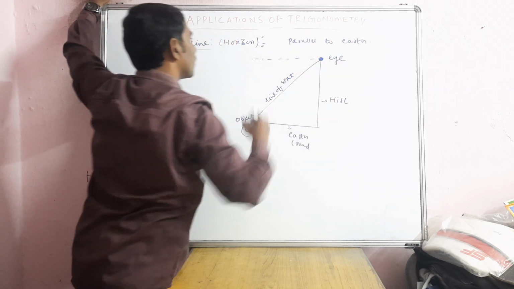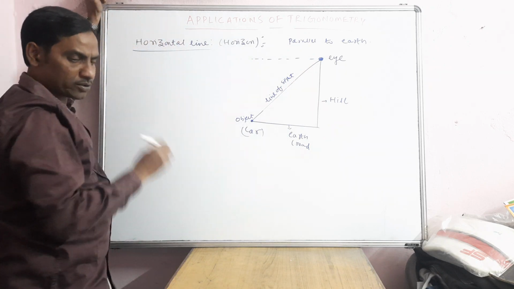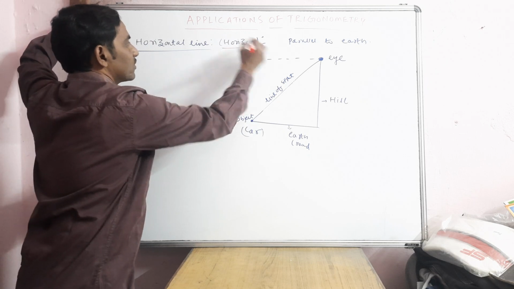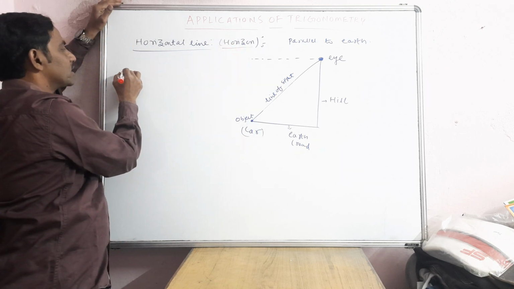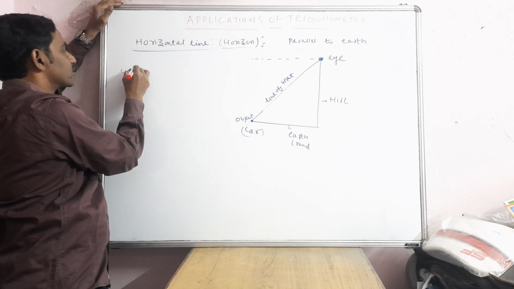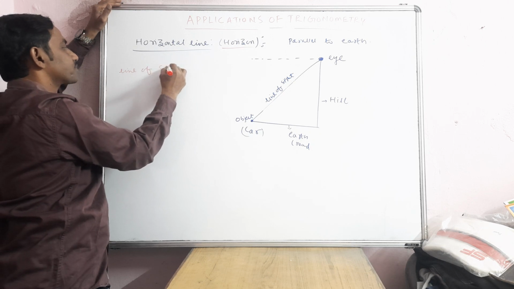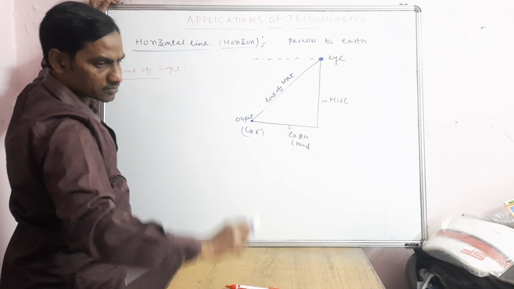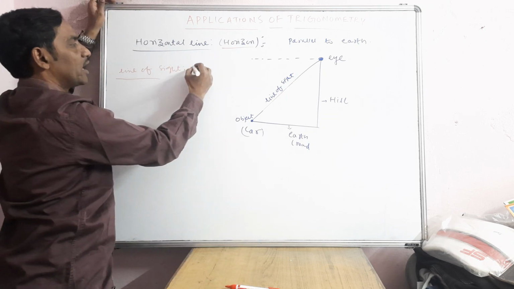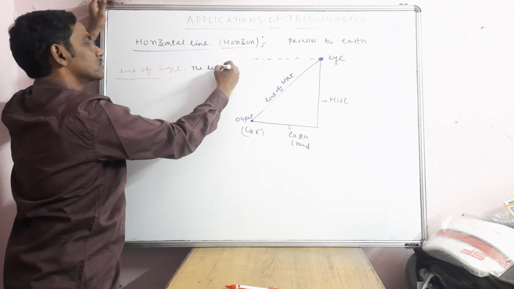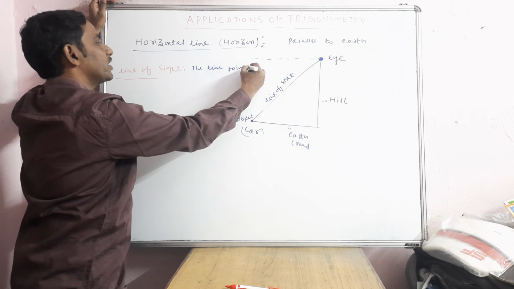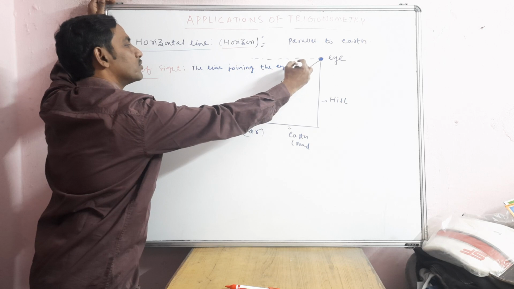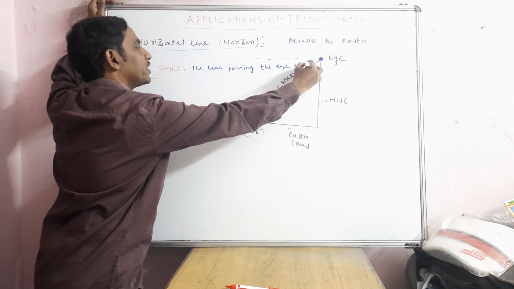This is called the horizon or horizontal line. Now we will take the line of sight definition also: the line joining the eye and the object.